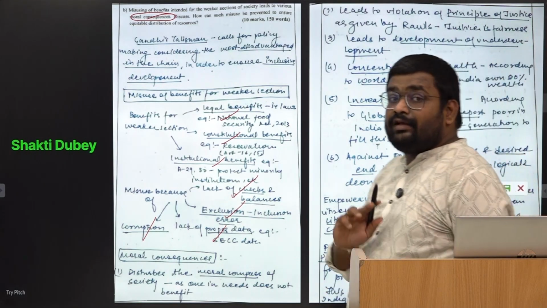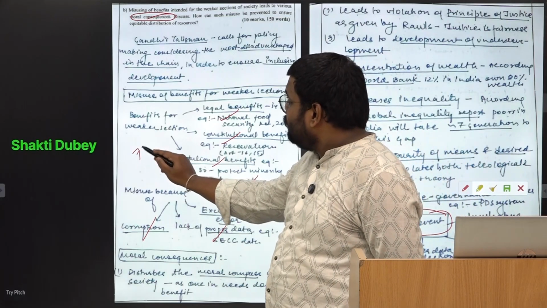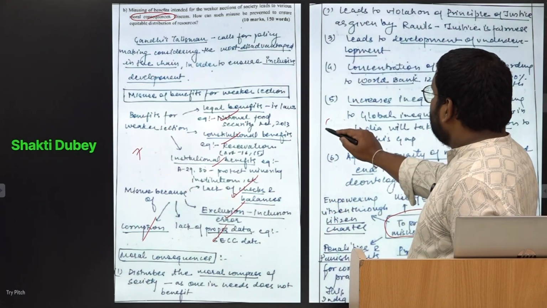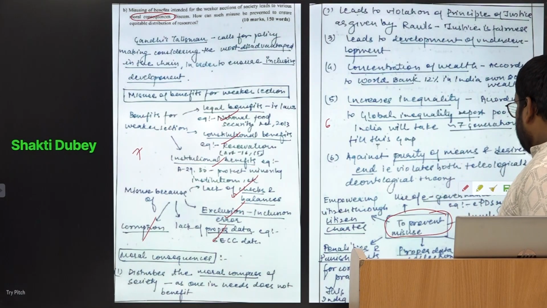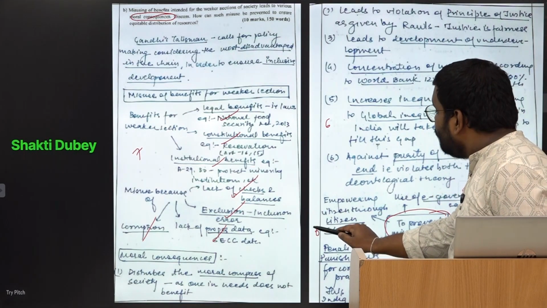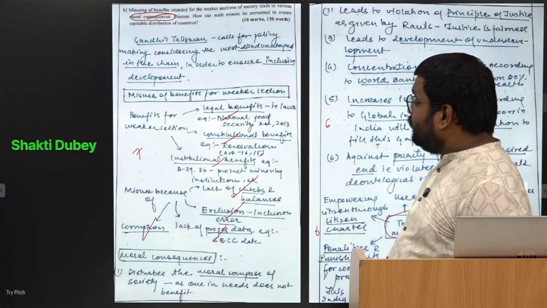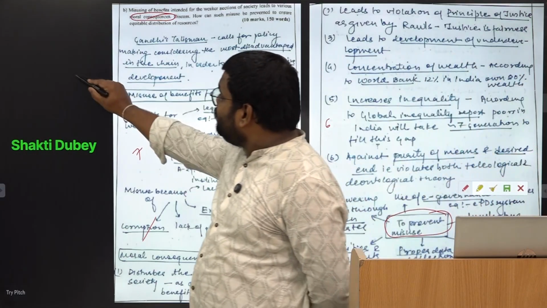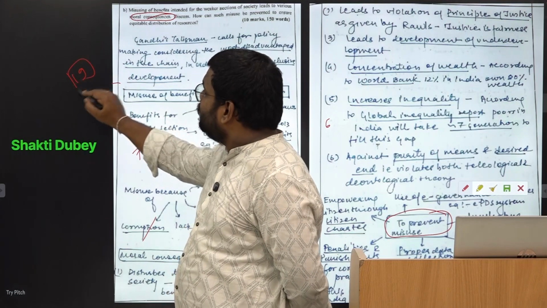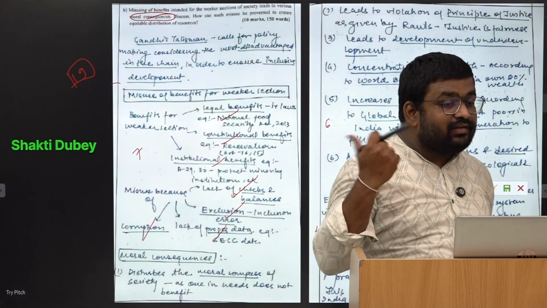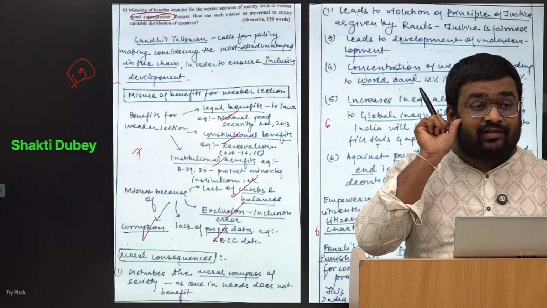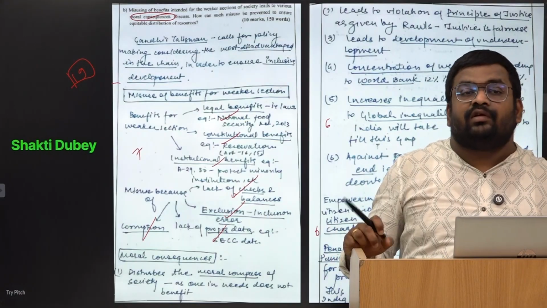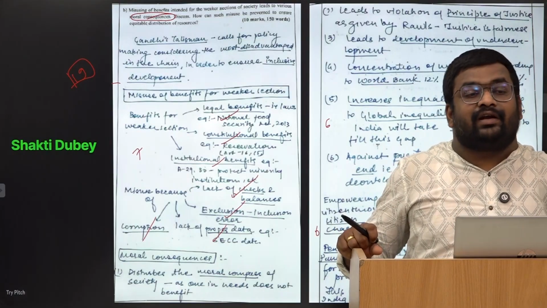So in the 10 marker question itself, here she has written 7 points, here 6 dimensions, and here 6 dimensions. So in a 10 marker question itself, she was able to manage 19 dimensions, and that is why she is AIR 1. In ethics, in a 10 marker theory question, she was able to bring in 19 dimensions.